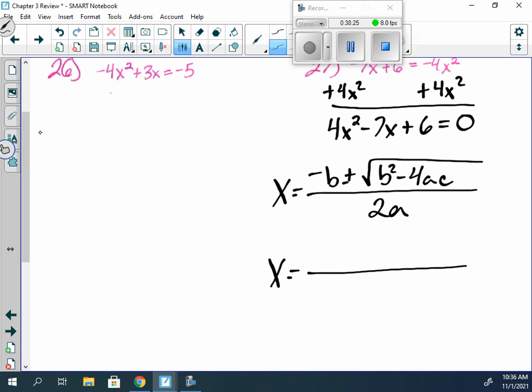So b is negative 7, so negative b would be positive 7. Plus or minus the square root of negative 7 squared minus 4 times 4 for a and 6 for c, all over 2a. Well, a is still 4, and 2 times 4 is 8.